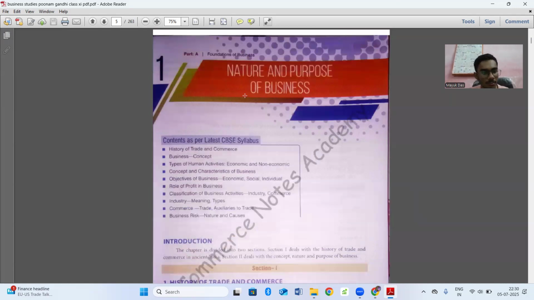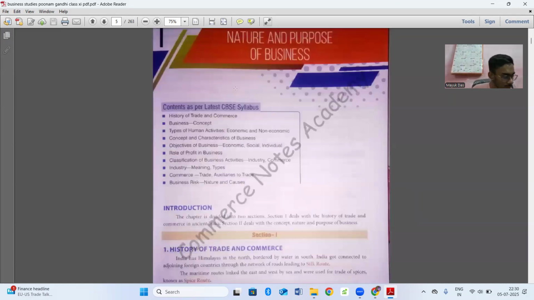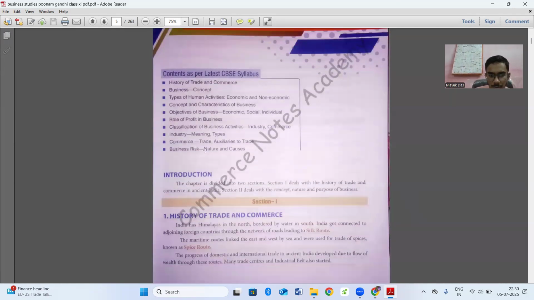If I talk about the history of commerce, earlier our India had the Himalayas in the north, bordered by water in the south. Earlier we used to do silk route trading, the silk route system was also there. Then the maritime routes linked to east and west by sea were used for trade of spices, known as the spice route. Marine routes were used as spice routes.